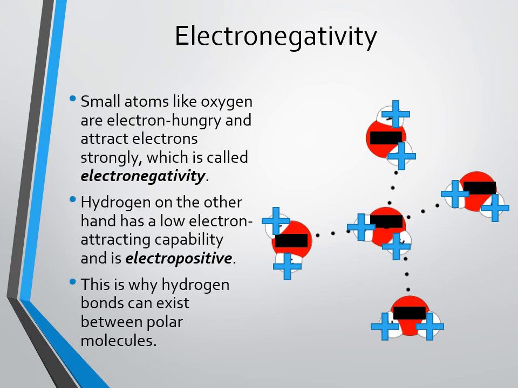This is why hydrogen bonds can exist between polar molecules like water. The electronegativity in oxygen, craving more electrons, attracts the positively charged or electropositive hydrogen. That hydrogen will share its one electron with oxygen and bind together.